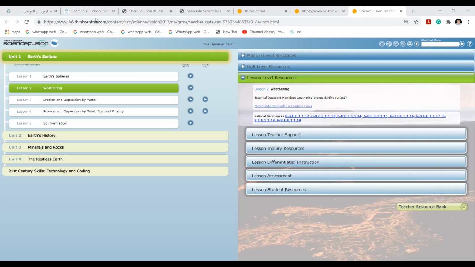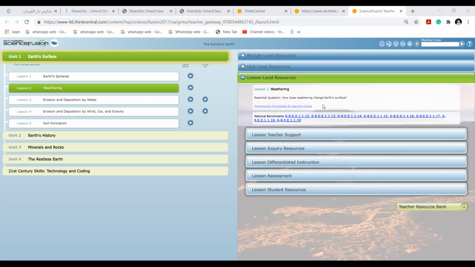Ice wedging, abrasion, and how about plants? The plant roots. And? Animal action. Exfoliation. Repeat, Noor, please repeat.